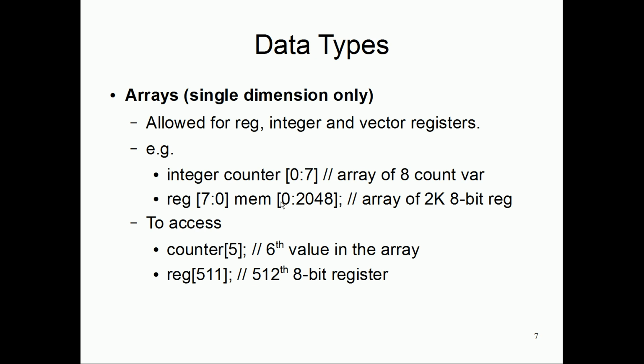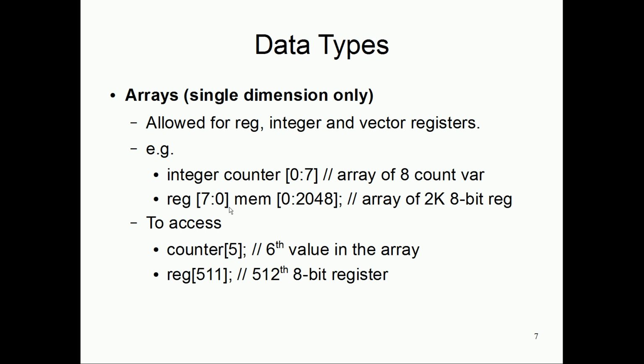So it's basically an array of 2 kilo of 8-bit registers. As you can see, I chose the variable name as mem. In fact, these types of notations are used to define memory inside Verilog.